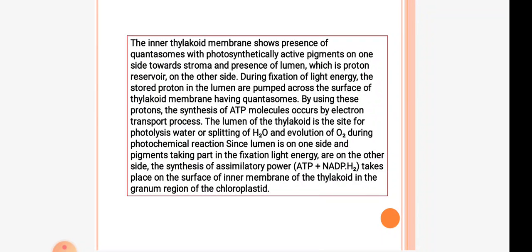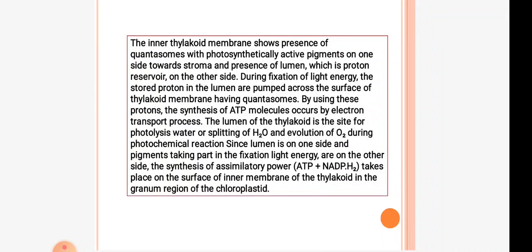By using these protons, ATP is synthesized by electron transport process.